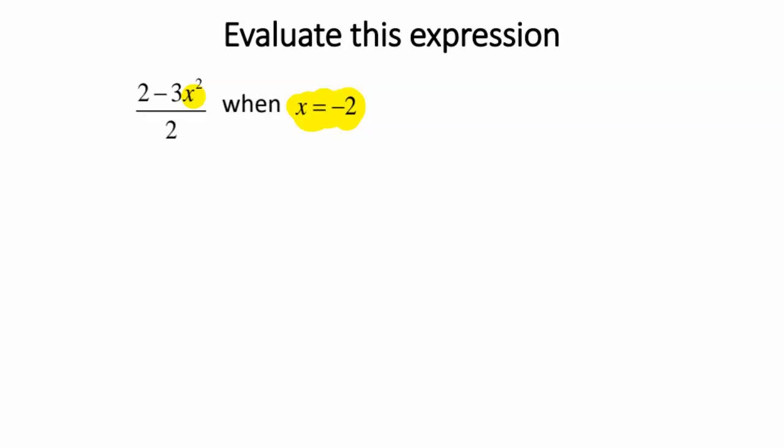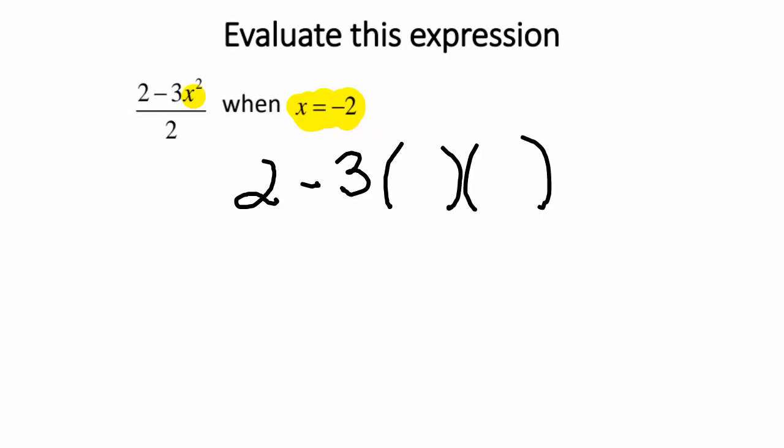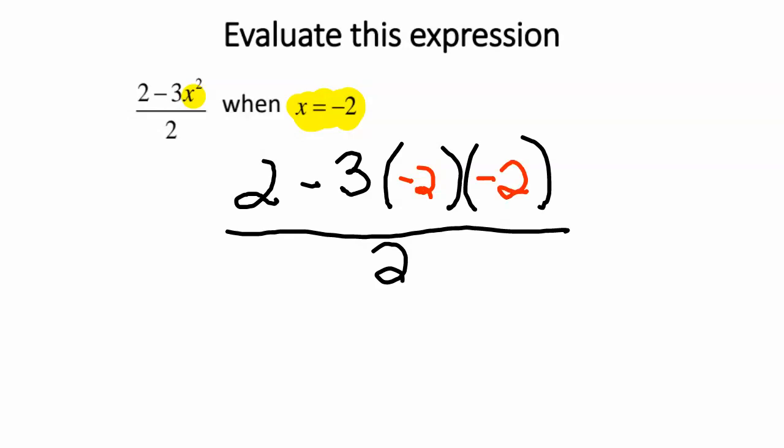You may find doing this will ensure you always get the correct answer, because this is now 2 minus 3. Well, notice that x has got a power of 2. Notice how many parentheses I wrote. 1 for each -2. So I'm going to put -2 here, -2 here.